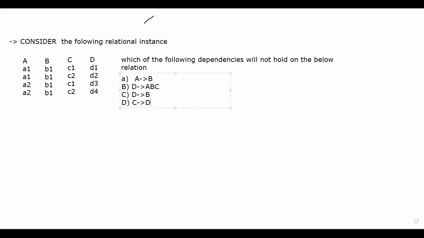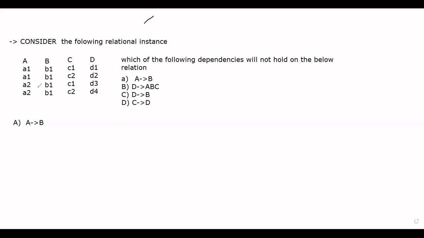Written the question? Now, if you have not written, stop writing. Now concentrate here on how to solve this question. See, first let us start with option A. So option A they have given that A tends to B. Okay. Now what do you have for A tends to B? So just compare it here, A to B. So for A1, B1 can be the answer. For A1, that means same question, same answer. That is true.